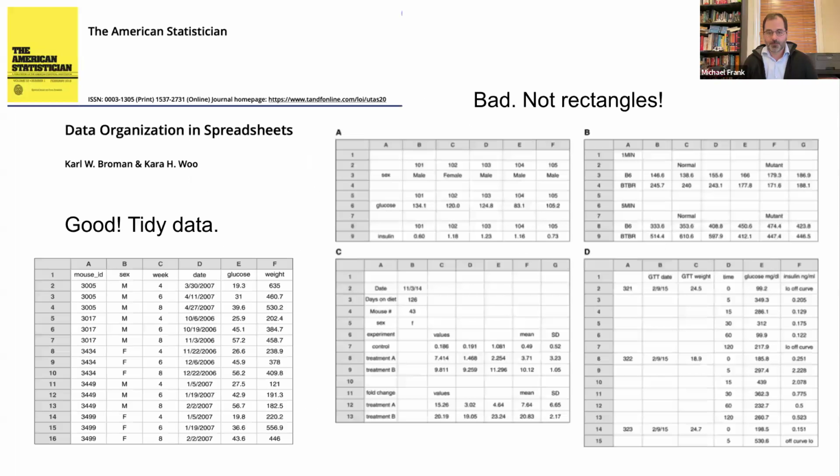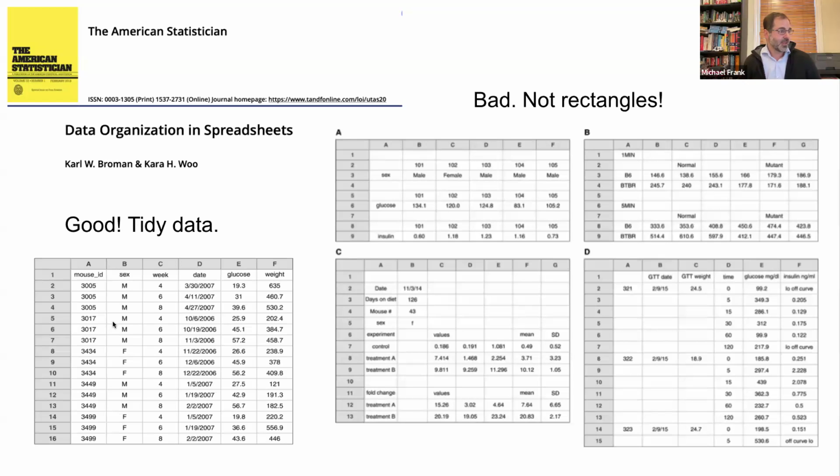Just one word, just to promote this wonderful paper on data organization in spreadsheets. The principle here basically is that tidy data is rectangular data, a rectangular spreadsheet. Like mouse ID and then the sex and the week and the date and all of the measurements. This is a very nice data set, easy to understand and to analyze with software.